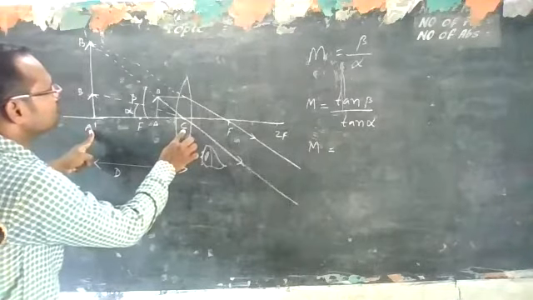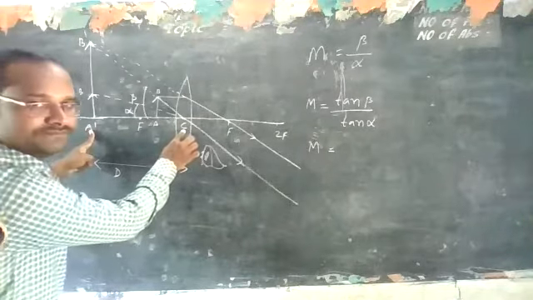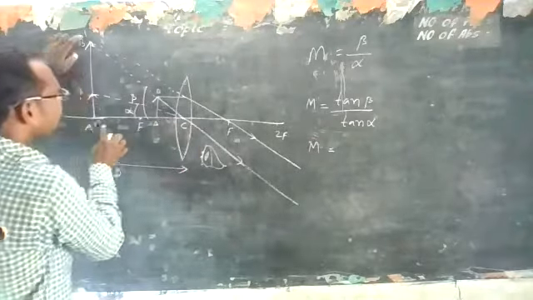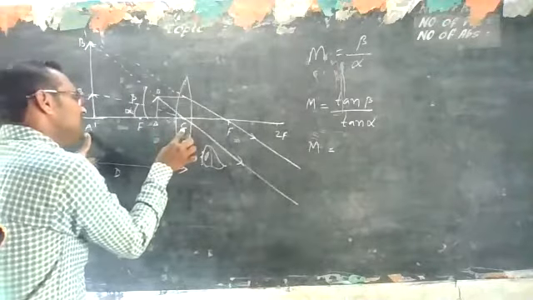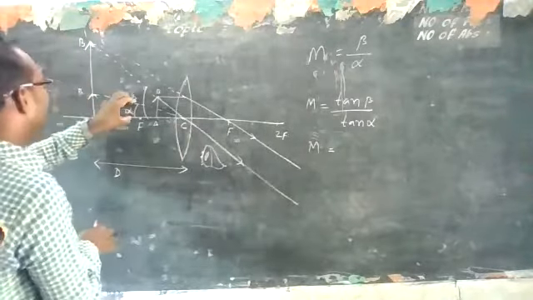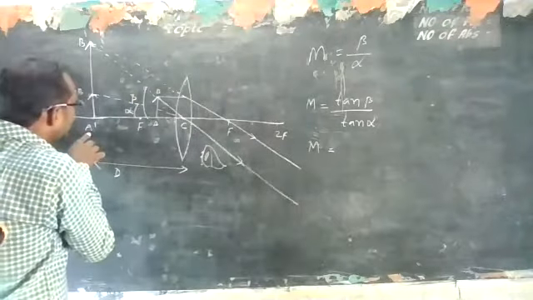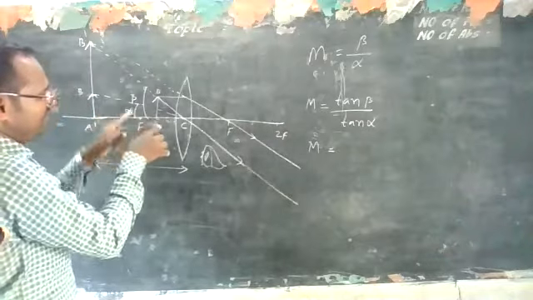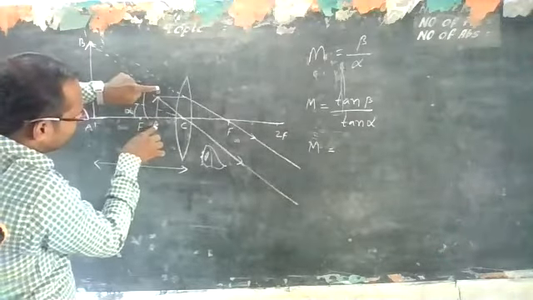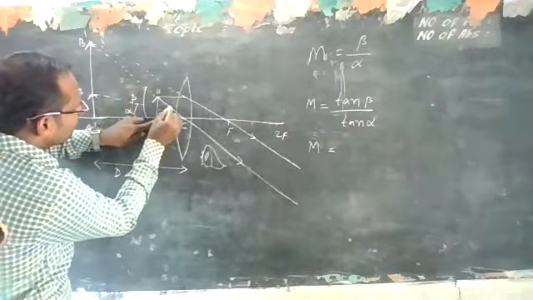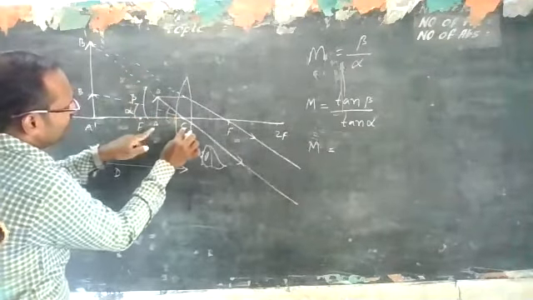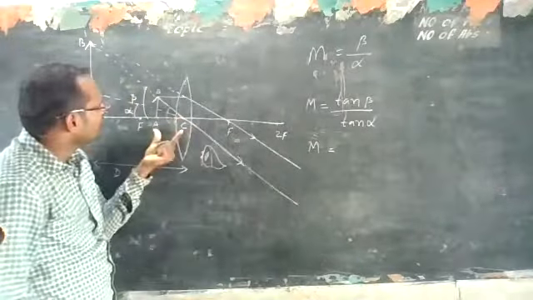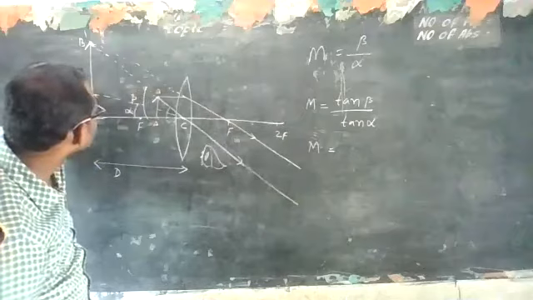Whereas for the alpha angle, the opposite side is AB and the adjacent side is AC. This is the angle subtended by the object here.